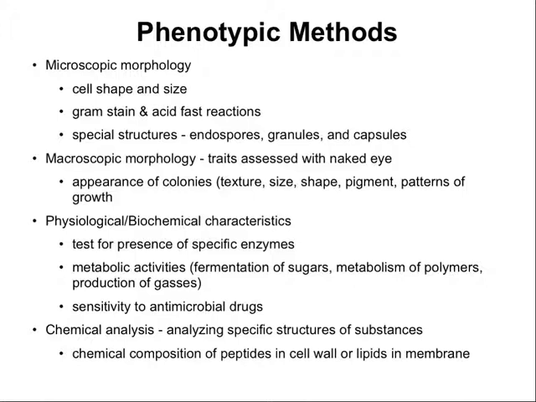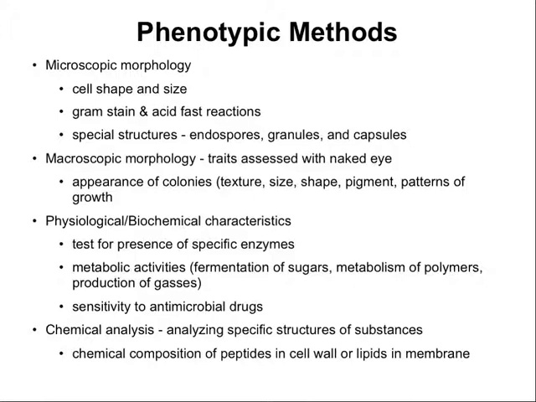We're looking at traits that can be assessed with the naked eye, like the appearance of the colonies as they grow on a gel or in a tube, their texture, their size, their shape, the pigment, and their patterns of growth. We can also look at physiological or biochemical characteristics. The physiological methods are the traditional mainstay of bacterial identification.